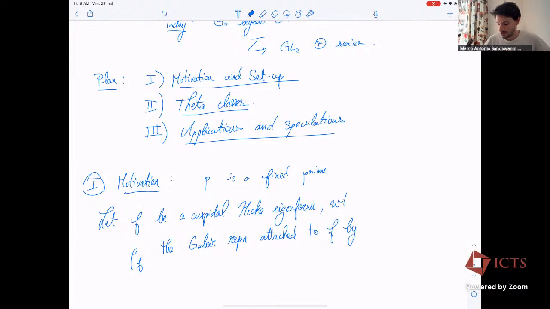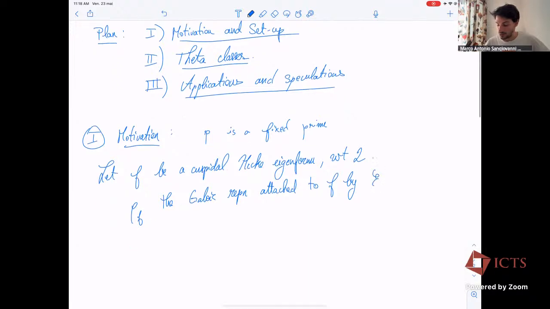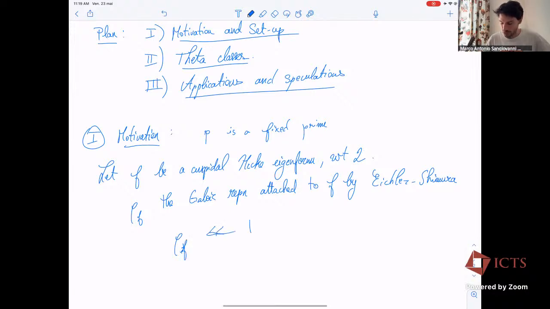I will assume that f is actually weight 2, just for simplicity. So I normalize things so that I see rho f as a quotient of the first étale cohomology of the modular curve with some level.